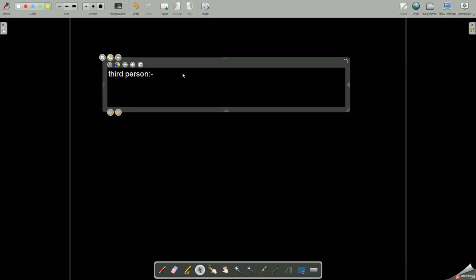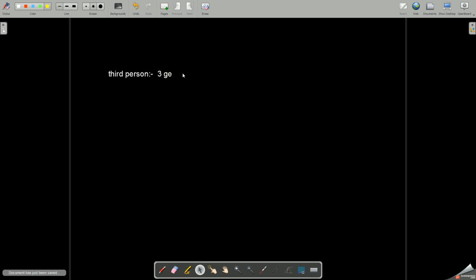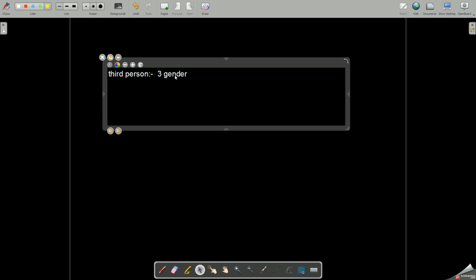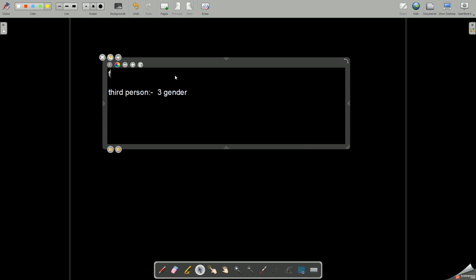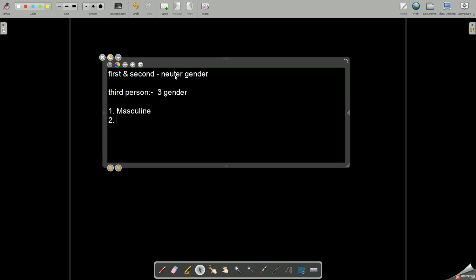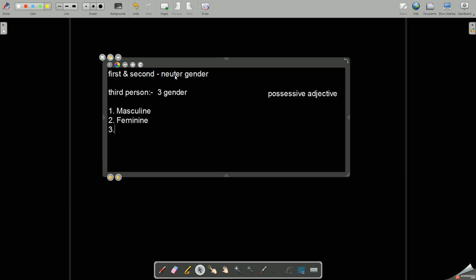As we have seen in the previous two, that is first person and second person, which are mostly of neuter gender, they do not refer to any gender in particular, whereas third person has three genders. One is masculine, second feminine, and third is neuter gender.